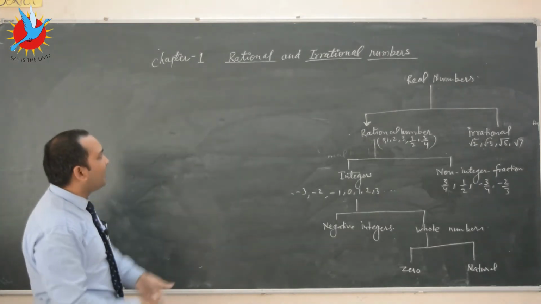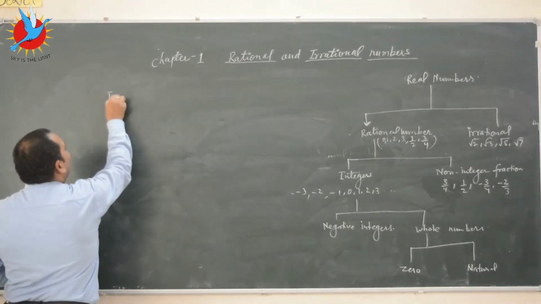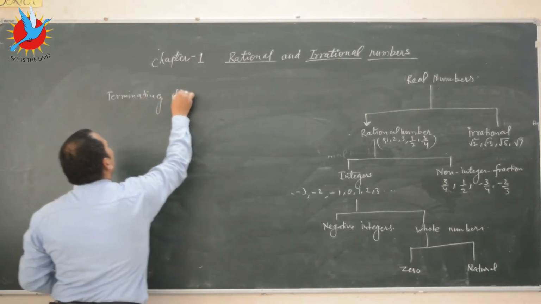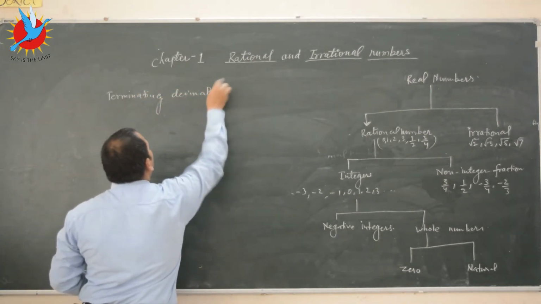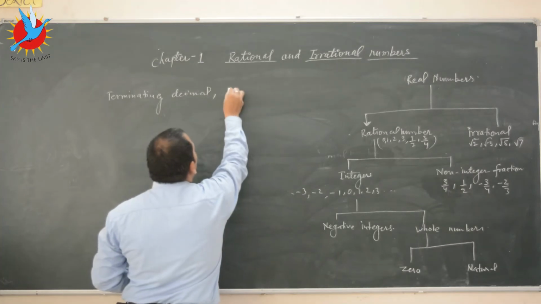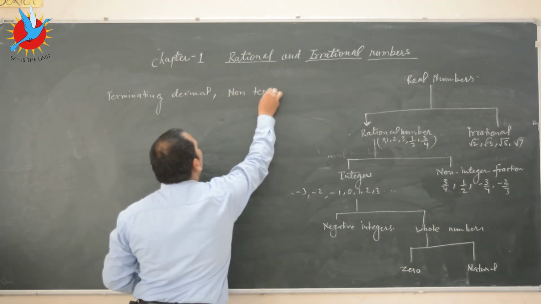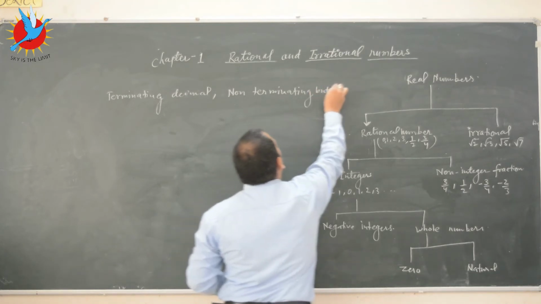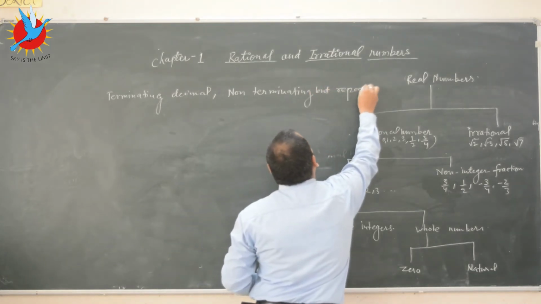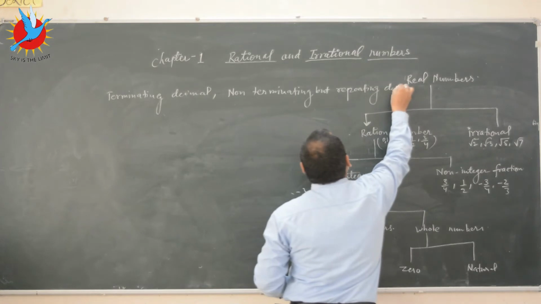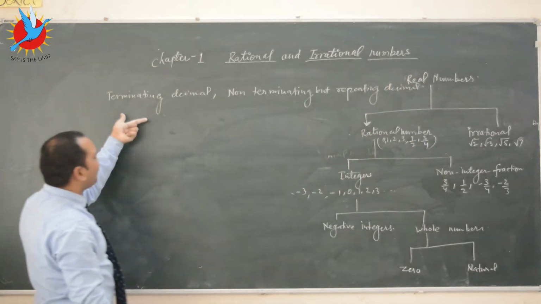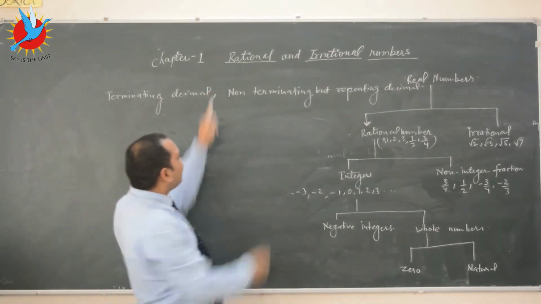All terminating decimals are rational numbers, and non-terminating but repeating decimals are also rational numbers.